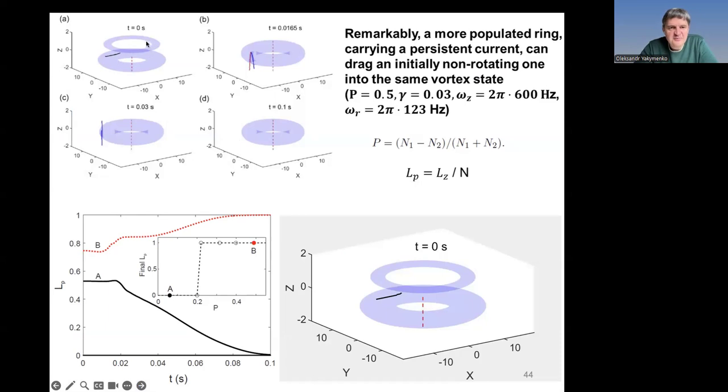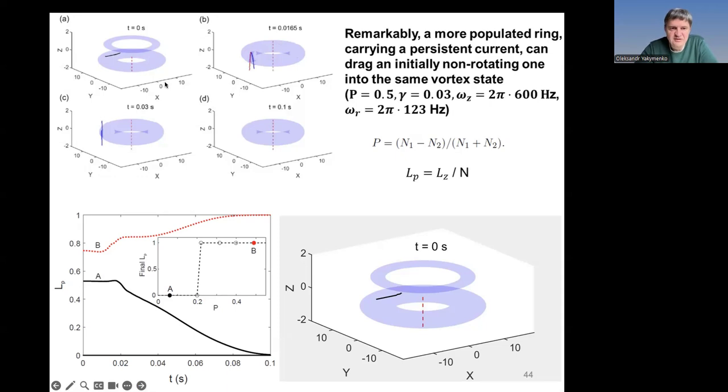For example, here you have two asymmetric systems. One has a very small number of atoms in the upper ring and a large number of atoms in the lower ring. If you merge the system, after some time you will get a state which has the same angular momentum as the large ring.